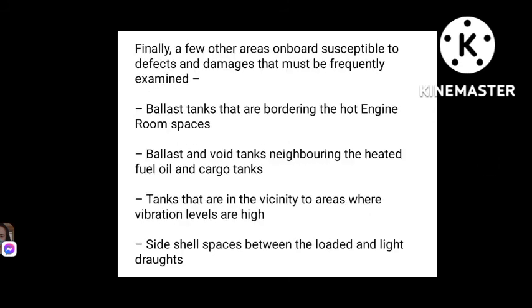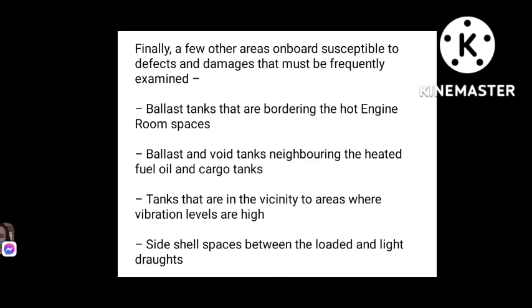So, finally, a few other areas on board susceptible to defects and damages that must be frequently examined or tested. Ballast tanks that are bordering the hot engine room spaces. Ballast tanks and void tanks neighboring the heated fuel oil and cargo tanks.